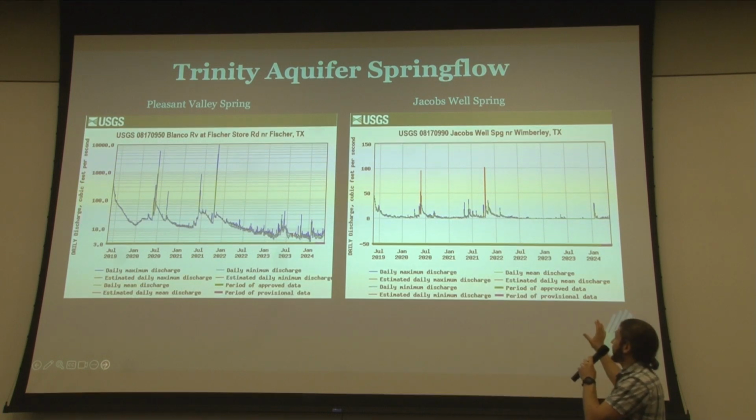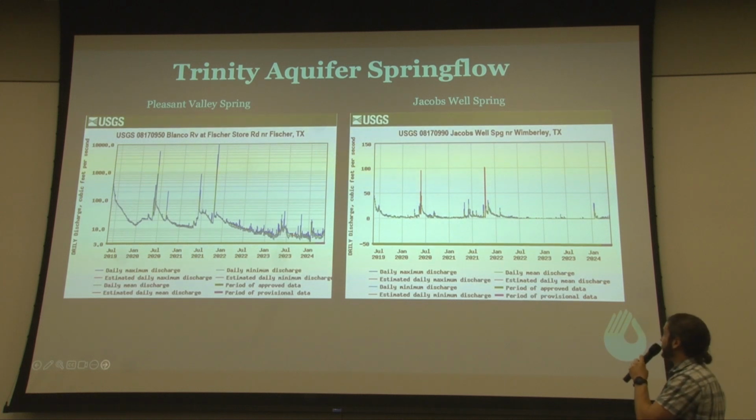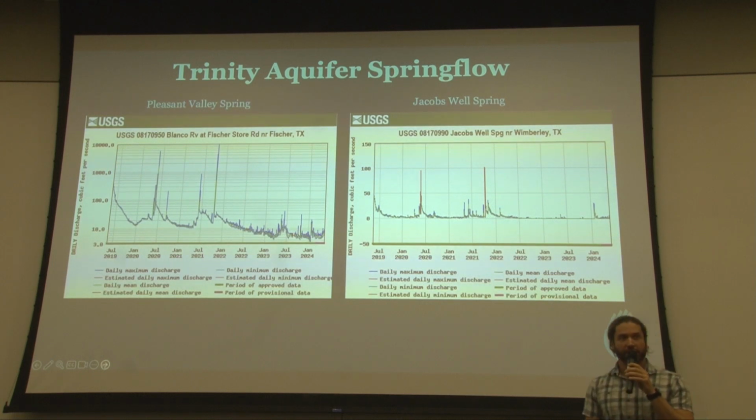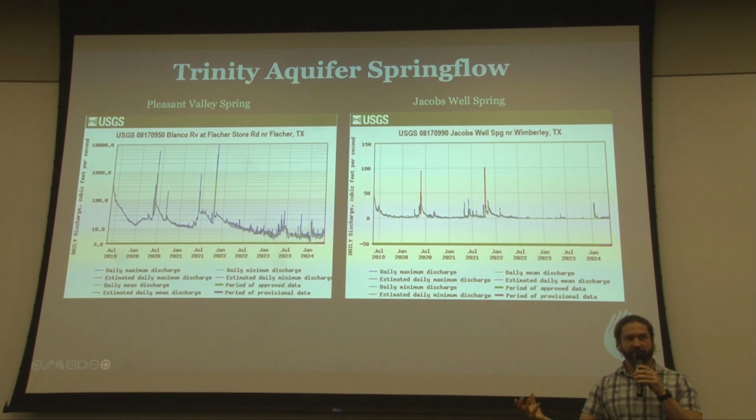And then Jacob's Well Spring. A lot of people have heard about Jacob's Well Spring and the issues that they're having out there. We had an extended period, basically most of 2023, when Jacob's Well Spring was not flowing, and the photo on the first slide that you saw was of Jacob's Well being dry for the first time in its history.